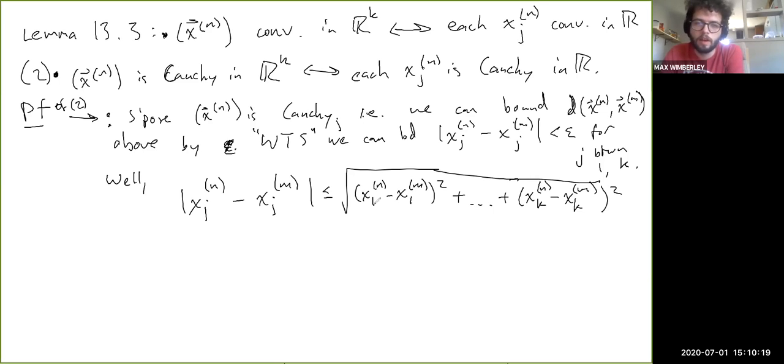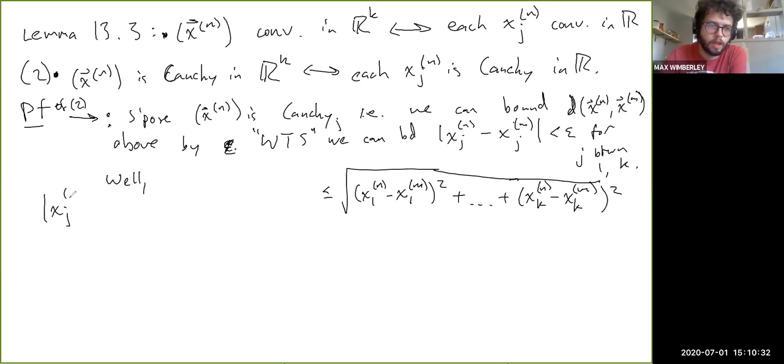So why is this the case? Let me expand on this a little bit. |x_j^n - x_j^m| is equal to the square root of (x_j^n - x_j^m)^2, which is less than or equal to this.